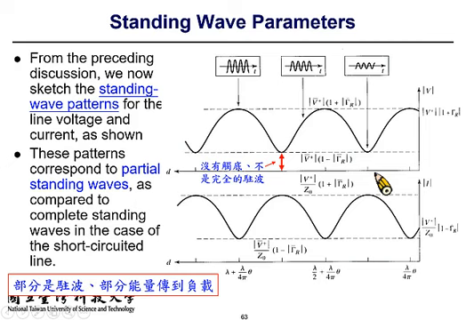However, unlike a termination such as a short or open termination, which reflects all the incident power, in the general case of a termination with an arbitrary load, the voltage minimum, as seen in this figure, does not touch zero, does not reach the voltage equals 0 point.